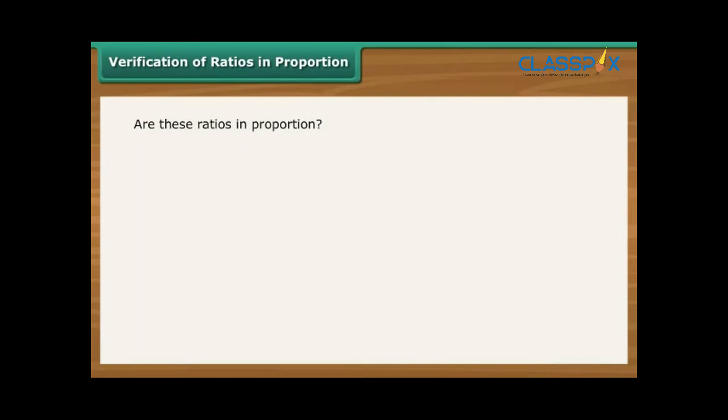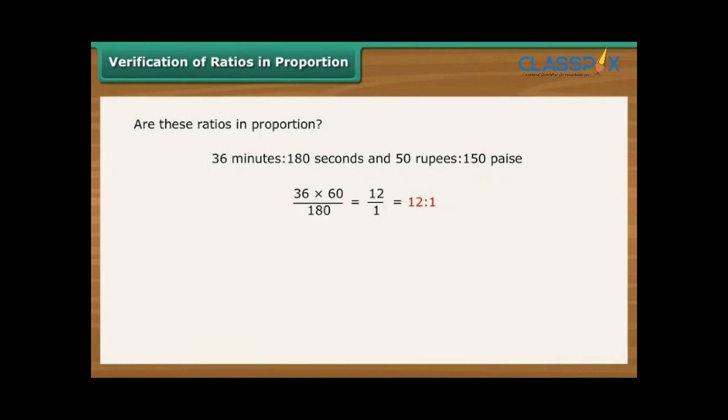Consider two more ratios. 36 minutes is to 180 seconds and 50 rupees is to 150 paise. 36 minutes by 180 seconds is same as 36 into 60 seconds divided by 180 seconds, which is equal to 12:1. 50 rupees divided by 150 paise is same as 5000 paise divided by 150 paise, which is equal to 100:3.